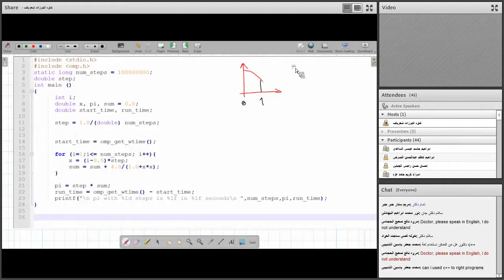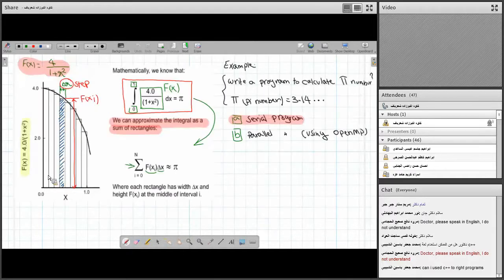The first question: what is the number of rectangles? تعداد مستطیل ها چقدره؟ In this example we have 1 2 3 4 5 6 7 8 rectangles. در این مثال 8 rectangle داریم. هرچه تعداد مستطیل ها بیشتر بشه تقریب دقیق تری خواهیم داشت.